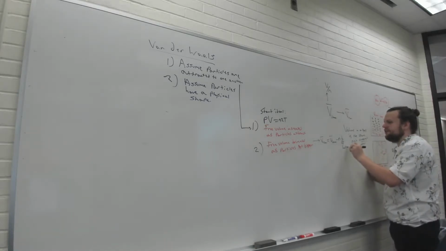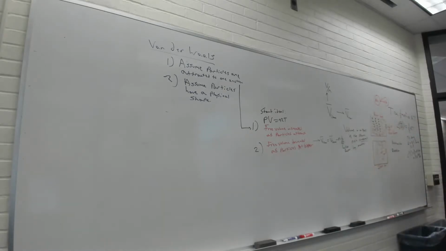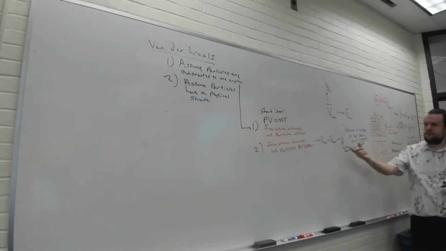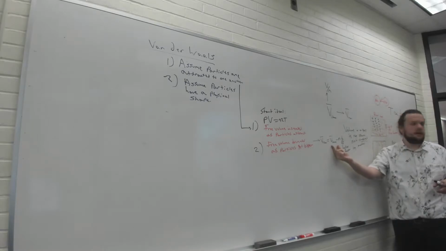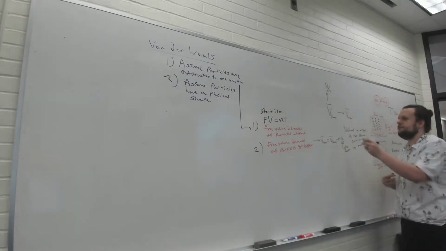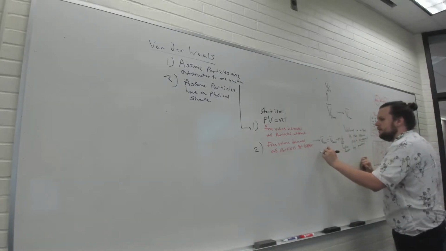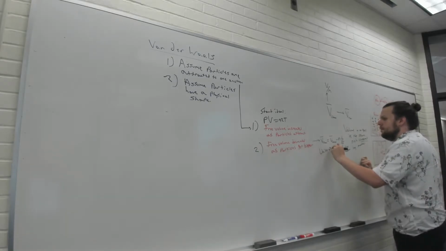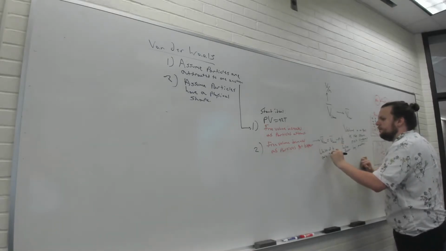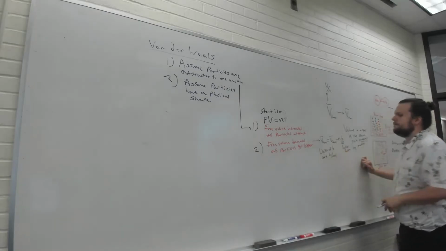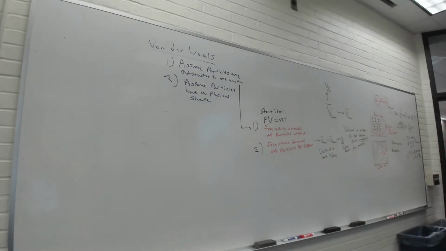We'll just call it size factor B. Now, what are the units? Well, the units are the units of volume here, right? Logically, right? So the units of B are liters per mole. Okay. Now we have the other thing, which is attraction.